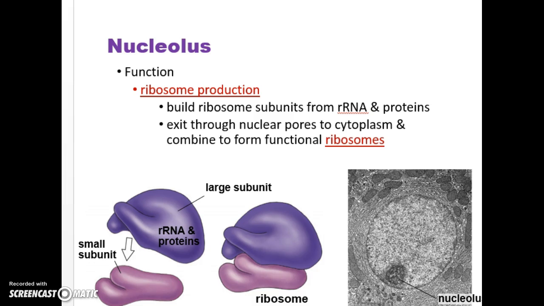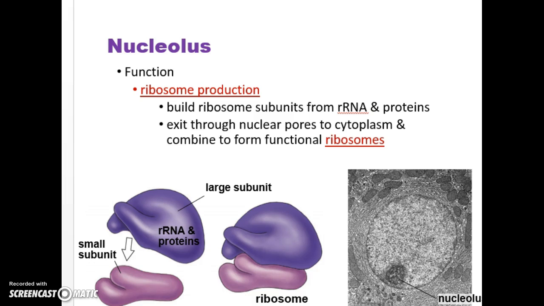Okay, now this is a little bit of a focus on the nucleolus. So it's very important, again, in terms of protein synthesis, because without ribosomes, we're not going to be able to make proteins. So the ribosomal subunits, as you remember, ribosomes made up of two, a large and a small subunit, that is consisting of ribosomal RNA and proteins.